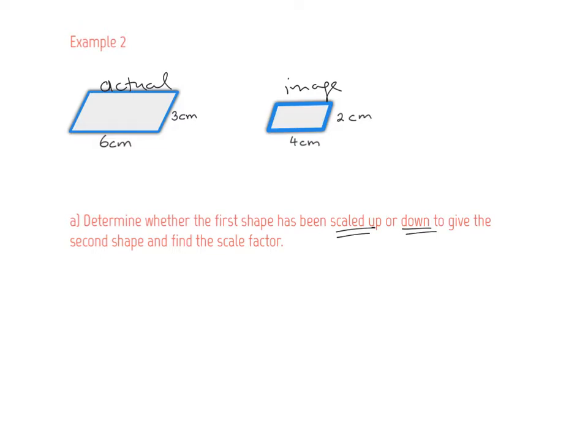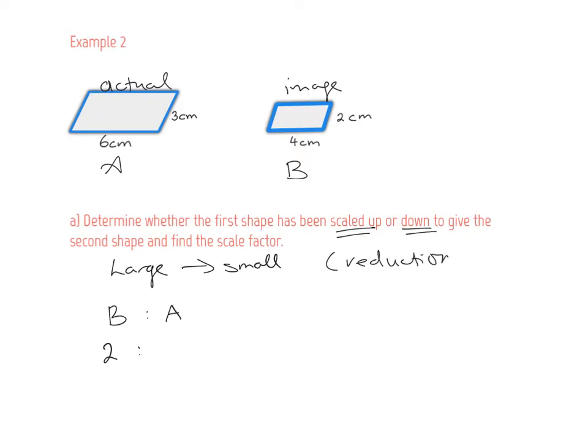I'm going from something large to something small. So again, that's A, that's B. B to A, large to small, therefore there is a reduction. So let's just make note of that. So it's scaling down.